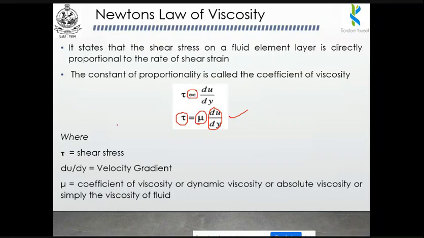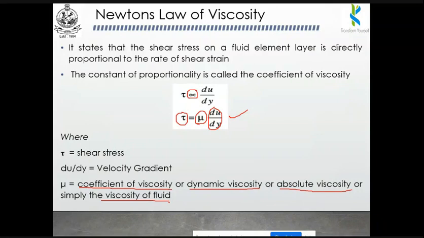Similarly, mu is called the coefficient of viscosity, or dynamic viscosity, or absolute viscosity, or simply the viscosity of the fluid. So it has different names. But kinematic viscosity is different. It is not equal to this coefficient of viscosity.